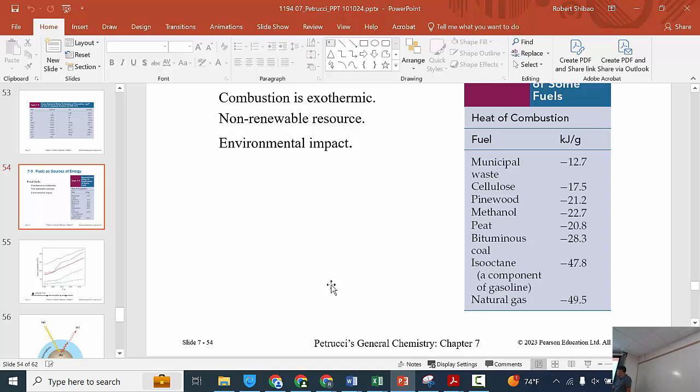We wouldn't be able to convert all this into 100% work because of things like friction and other things which would lead to heat losses, energy loss as heat. And so natural gas, I like natural gas because it burns cleanly. Sometimes if I'm driving behind a bus, I much prefer to follow a CNG bus than a diesel bus.